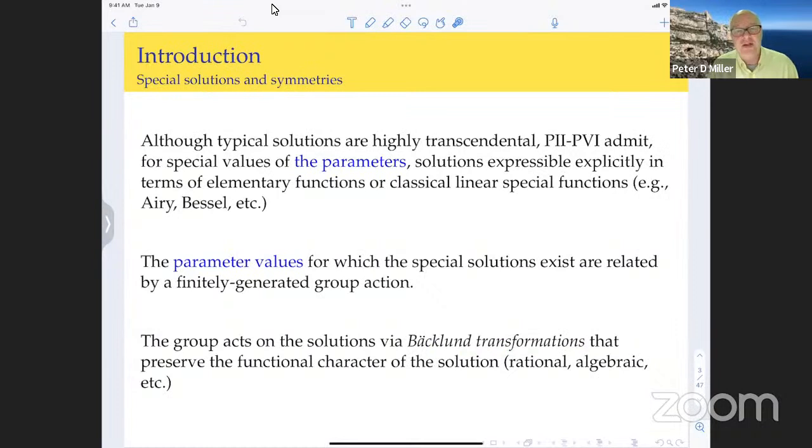And the thing about the Bäcklund transformations is they have the property that they're preserving the character of the solution. So if the solutions are rational and we act with the Bäcklund transformation, we return, again, a rational function. So that's the basic idea of the special parameter values and special solutions of these equations.